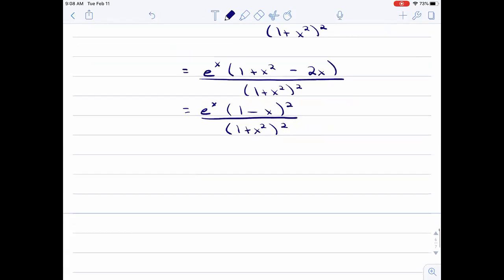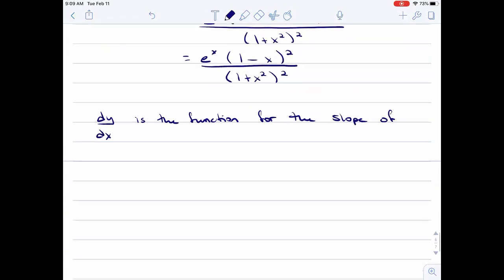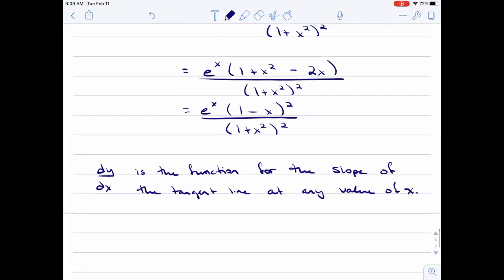Okay. So dy dx is the function for the slope of the tangent line at any value of x. Usually, if I want to evaluate this function at 1, I would just say f of 1, for example, if I just have a function.